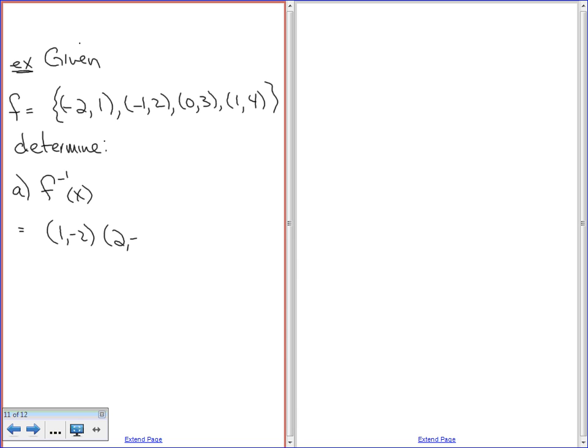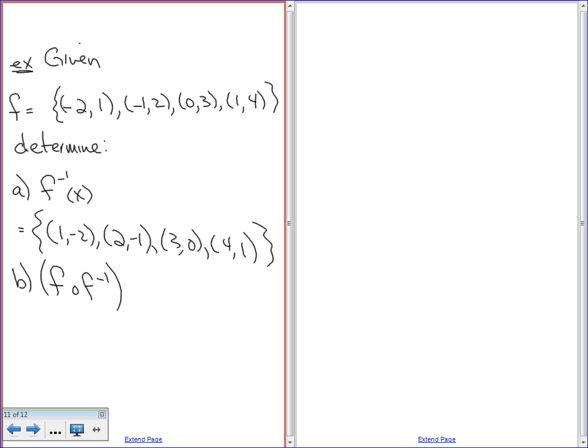So to find the inverse, as long as you can take two numbers and rearrange them, it should be fairly easy. Okay, so to find the inverse of a discrete function, just switch the x's and the y's.